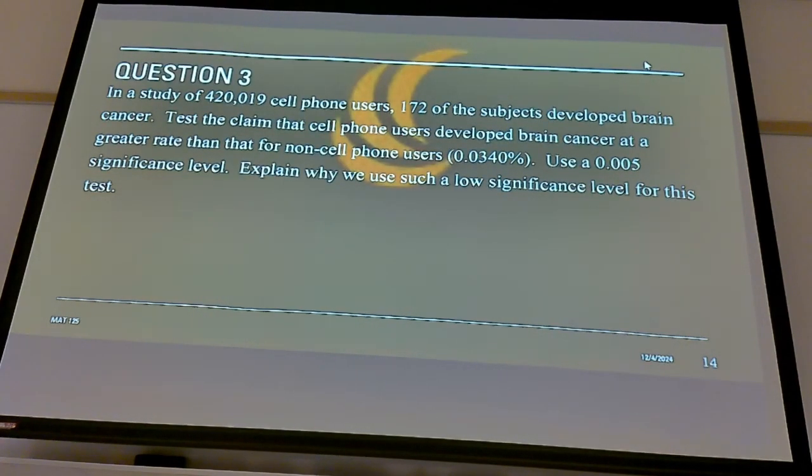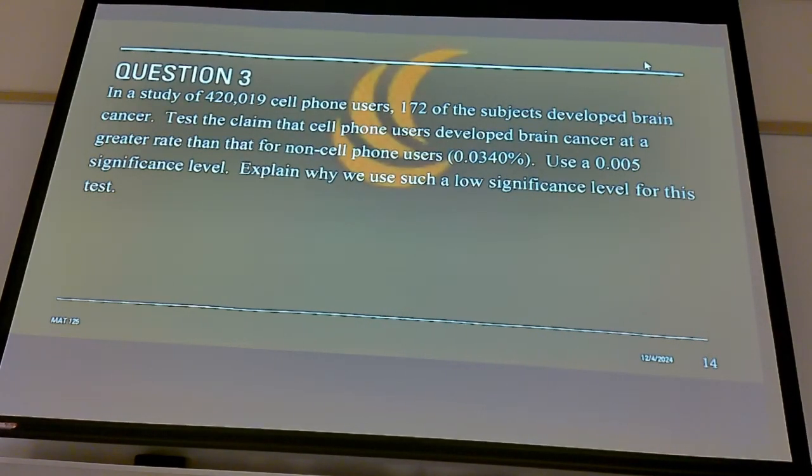So why such a low significance level for this test? What do we think? Not necessarily. Now, what does the significance level represent? The amount of people that are delivering. Or the chance of delivering.